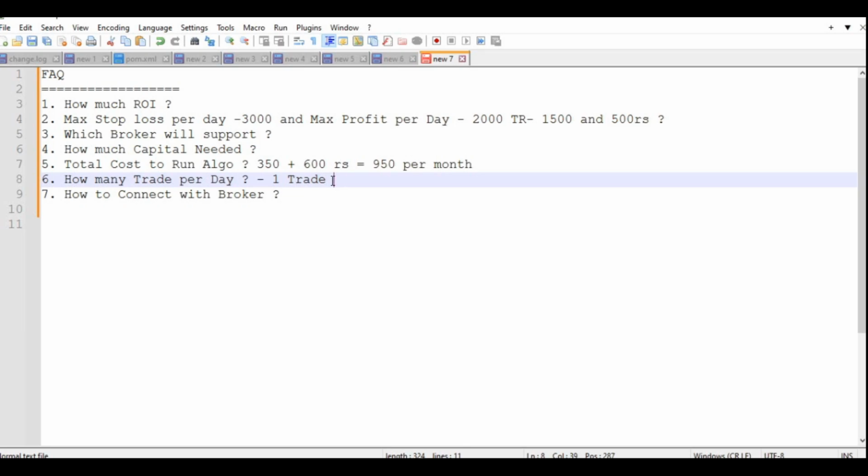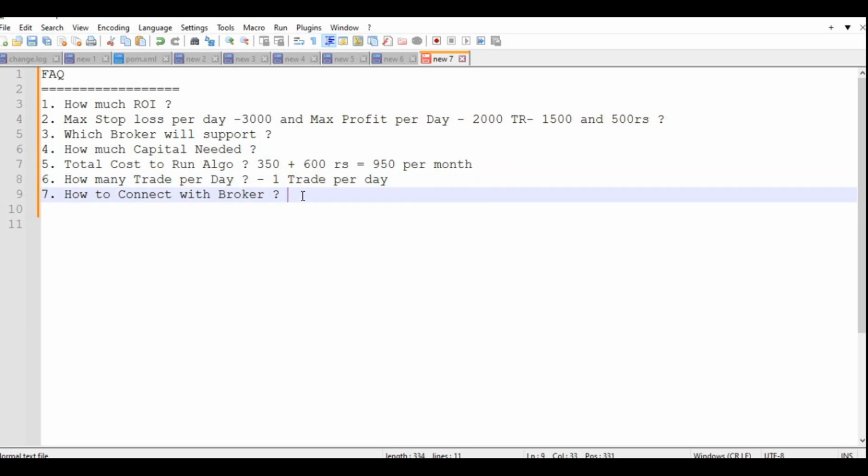Don't use more than that, because suppose if you are getting a stop loss, consider that is not a good day for you, and if you try to re-enter, you are increasing your losses. Okay, you may recover, but I don't recommend that. So just take one trade per day. Okay, don't take more than that per day.